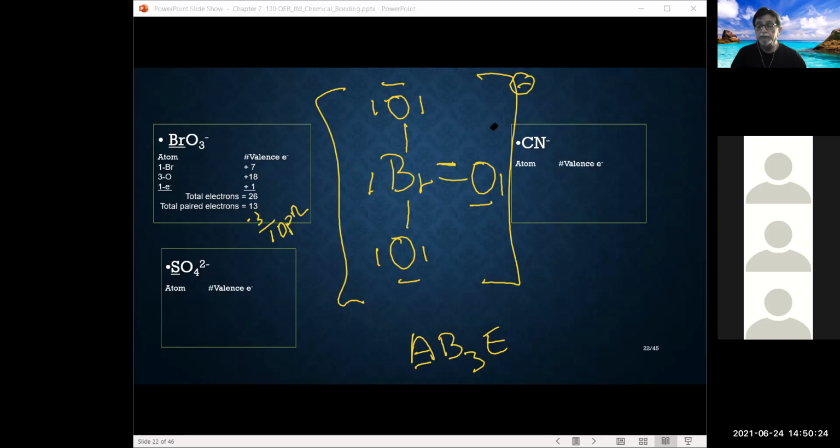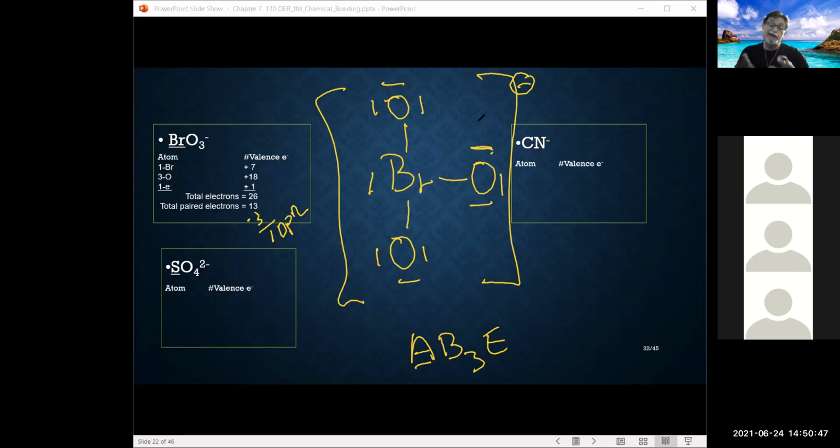Okay. What happens to bromine? Yeah, 2, 4, 6, 8, 10 around bromine. So that wouldn't work. You gotta keep in mind the octet at all times.